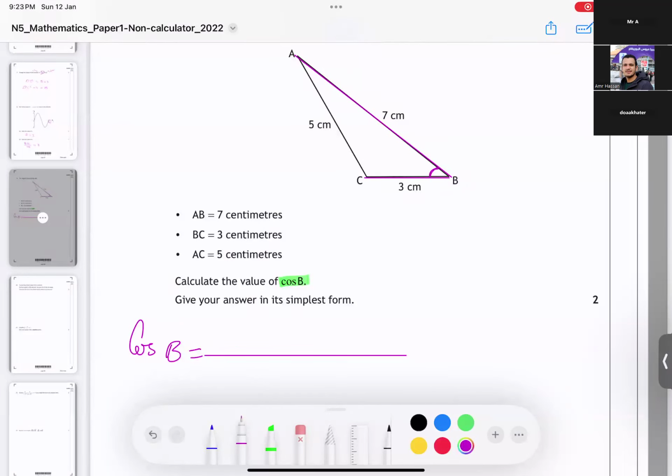It's going to be 7 squared plus 3 squared minus 5 squared, divided by 2 times 7 times 3. Don't have a square in the denominator. Square them, okay.